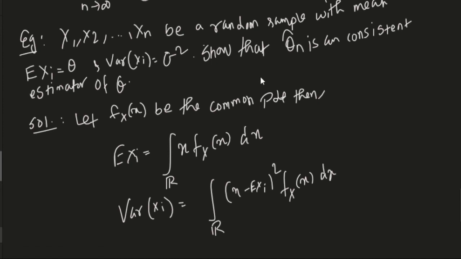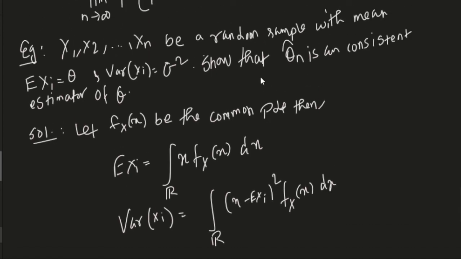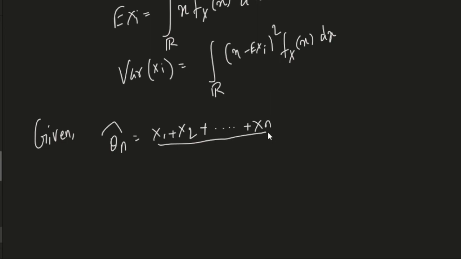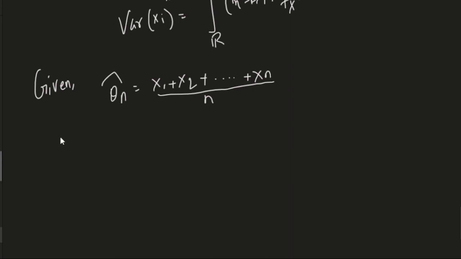And we want to show that theta n is a consistent estimator, where theta n is basically equal to the sample mean. So given this, we would like to show that this is the consistent estimator of E of Xi, and let E of Xi be equal to theta, which is also given. So therefore we need to show the following.